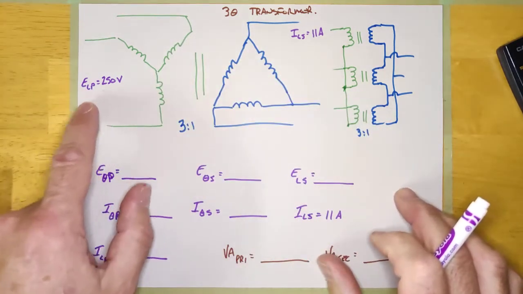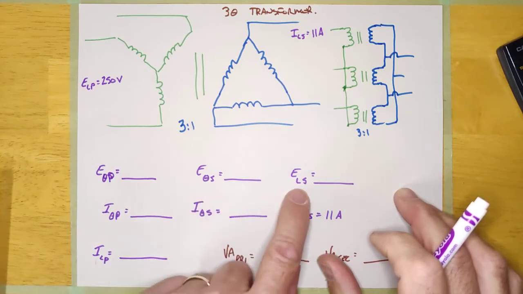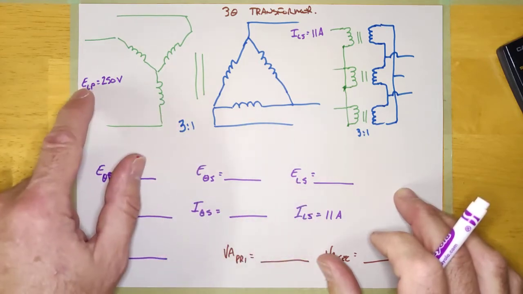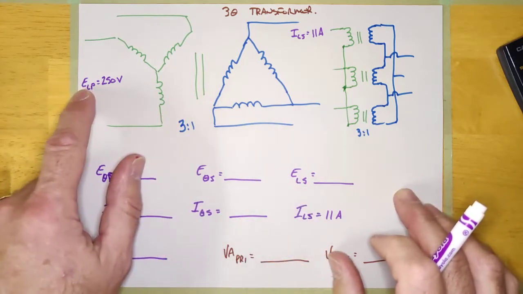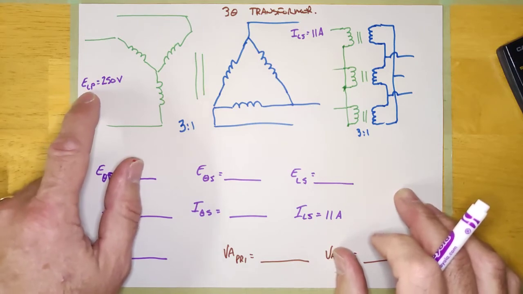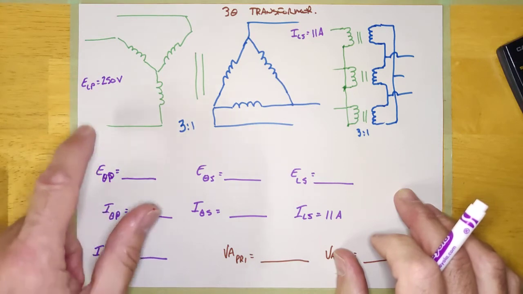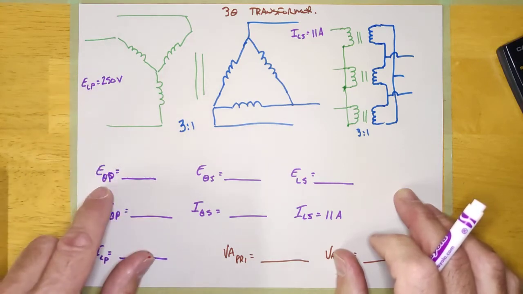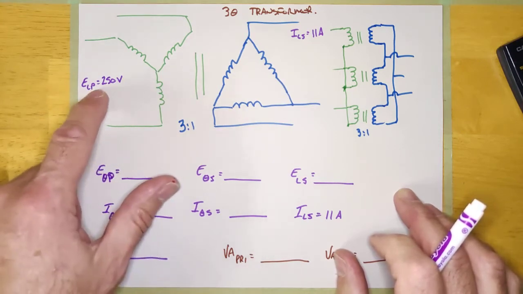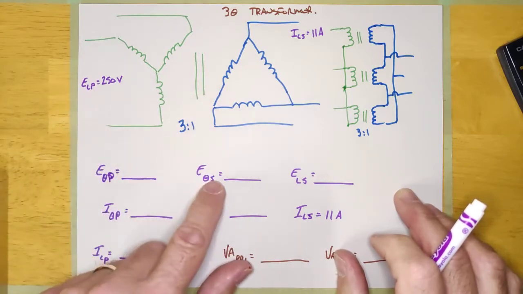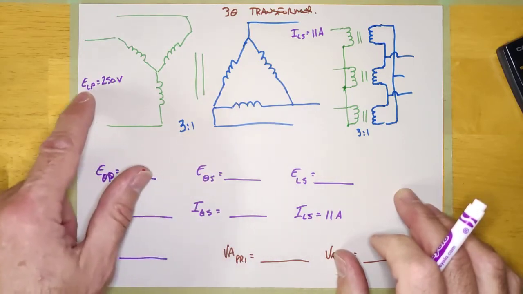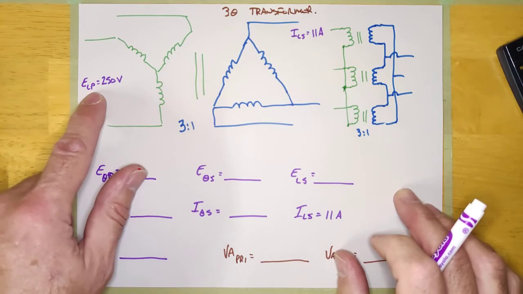Now, you're going to have to get used to all my little acronyms here, okay? But if you look at it, it's always going to start with E or I, voltage or current. Then there'll be an L or a P, which stands for line or phase, guys. And then there's going to be a P or an S, which is going to stand for primary or secondary. So this is E line primary, okay?